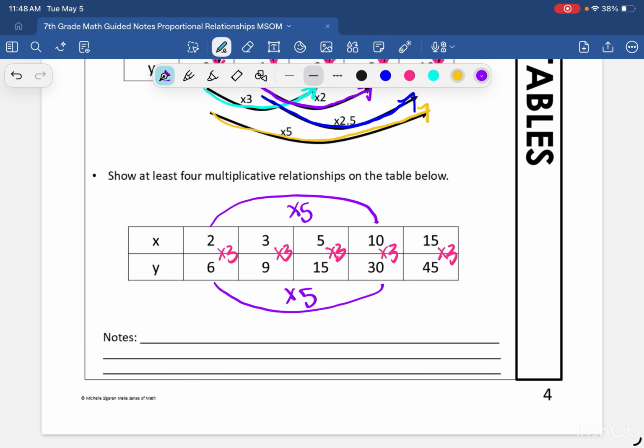I notice that 5 times 3 is 15, and the same distance on the bottom, 15 times 3 is 45. I notice that 2 times 3/2 is 3, and 6 times 3/2 is 9.